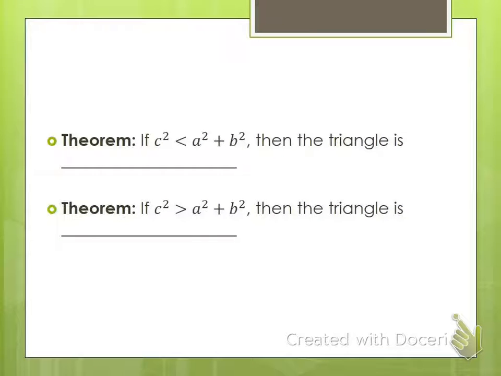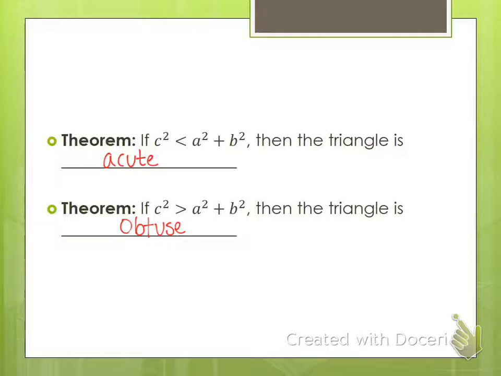We have more triangle related theorems, the Pythagorean theorem converse. If c squared is less than a squared plus b squared, then the triangle is acute. If c squared is greater than a squared plus b squared, then the triangle is obtuse.